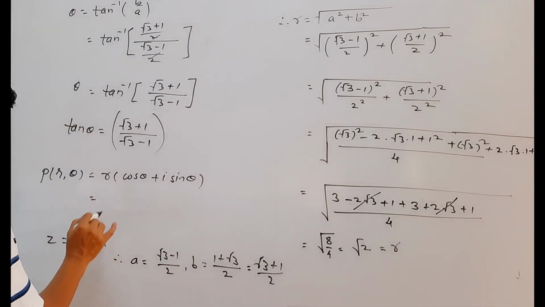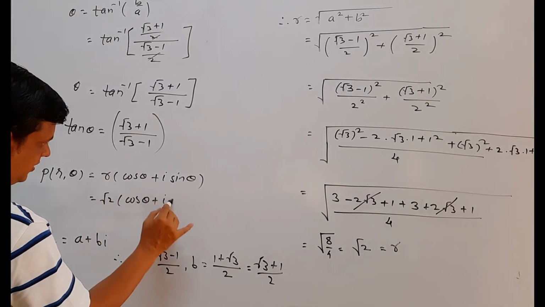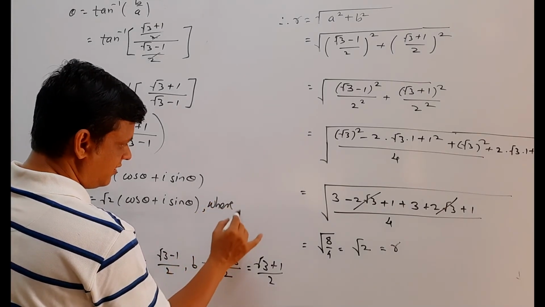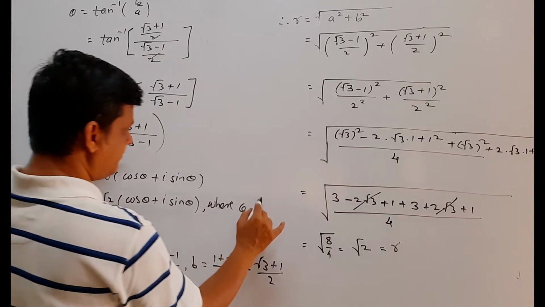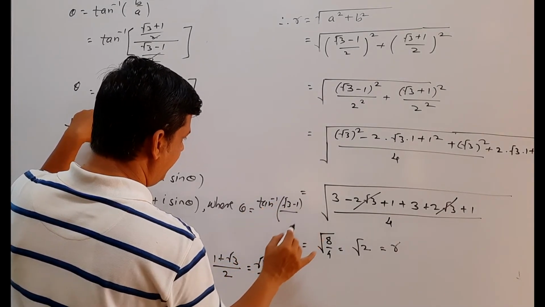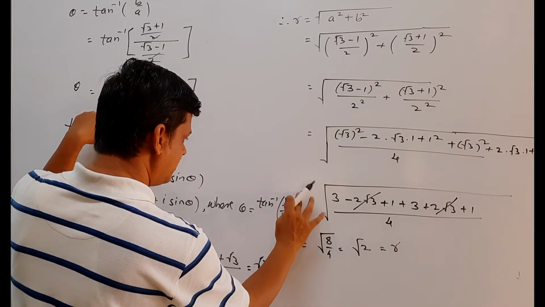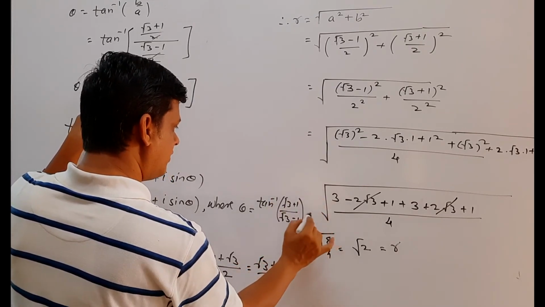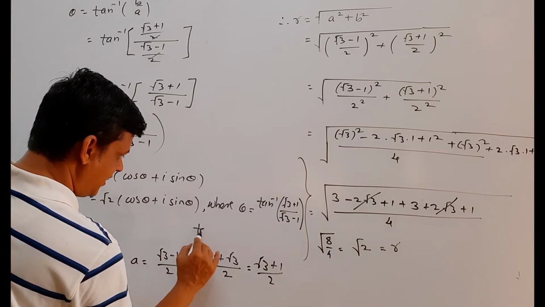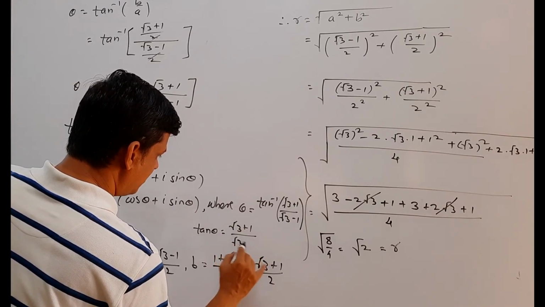So we write r as root 2 in brackets (cos theta plus i sin theta), and mention here where theta is equal to tan inverse (root 3 plus 1) upon (root 3 minus 1), or you can write tan theta is equal to (root 3 plus 1) upon (root 3 minus 1).